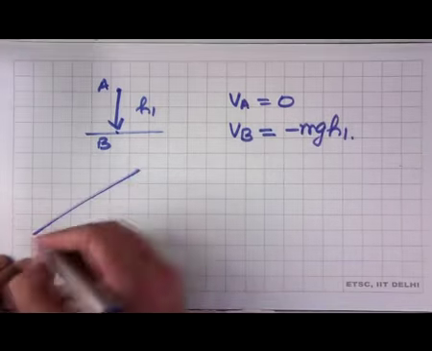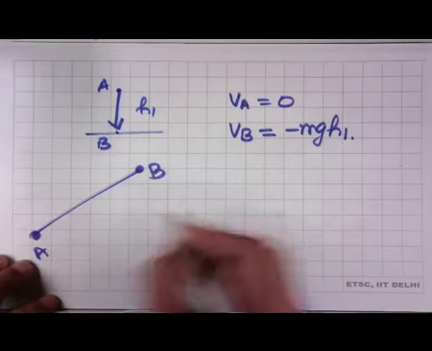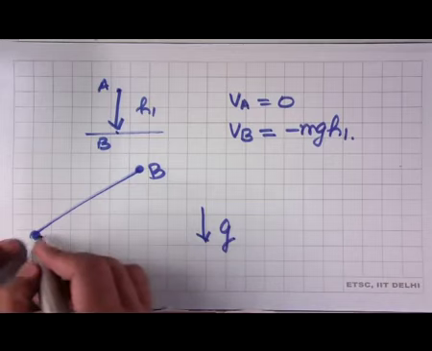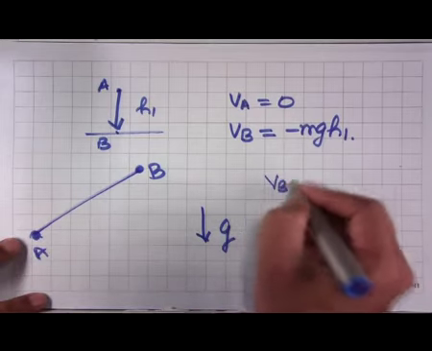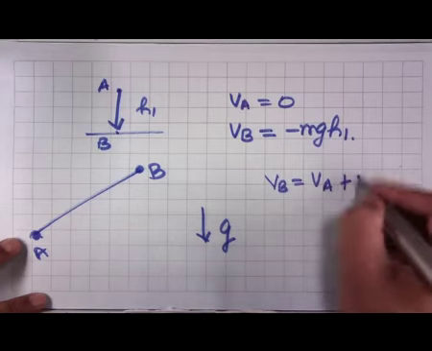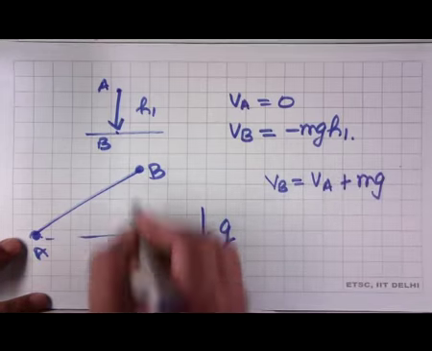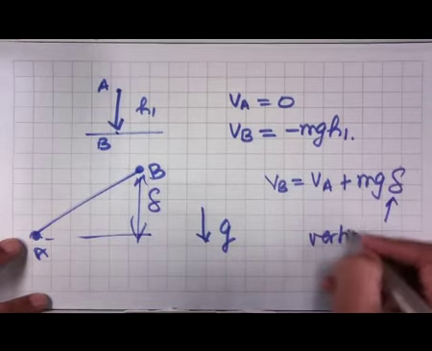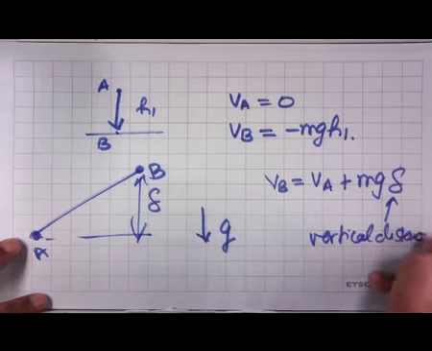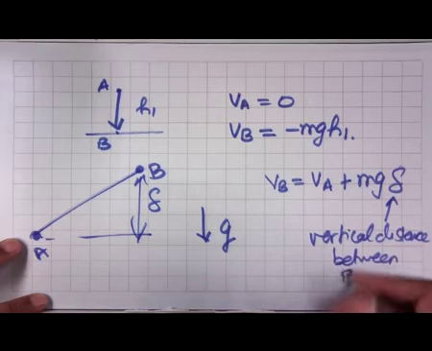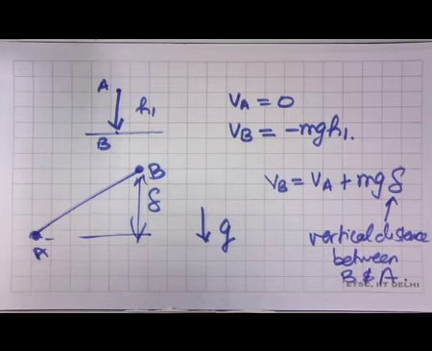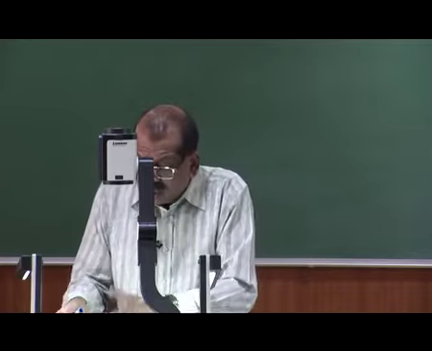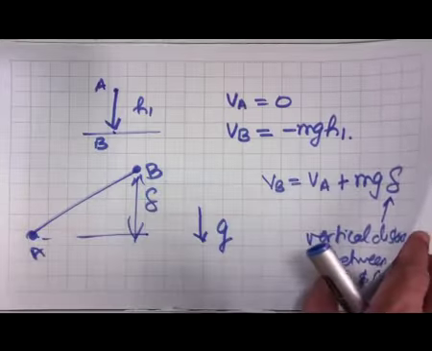And if the 2 points A and B are like this, and this is the direction of gravity, then we calculate Vb equal to Va plus mg times delta, where delta is the vertical distance between B and A. And the simplification which comes from this formulation is that we are bothered only about the change in potential energy to calculate the work done by gravity.